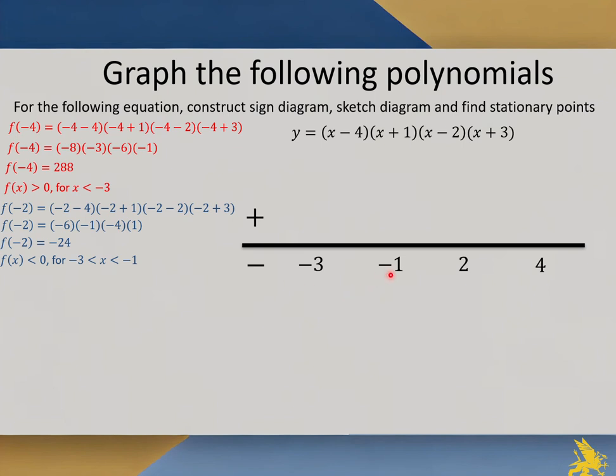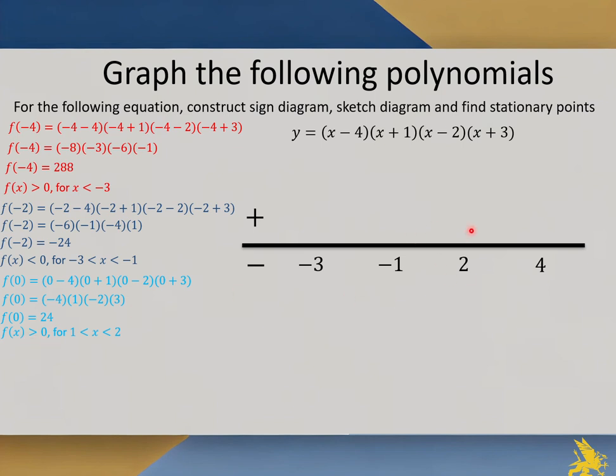Then I'm going to pick a number between -1 and 2, so I will pick 0. 0 is easy. I'll simplify it down, and we can see -4 times 1 times -2 times 3 will give us positive 24. That means our values between -1 and 2 will be when y is greater than 0.